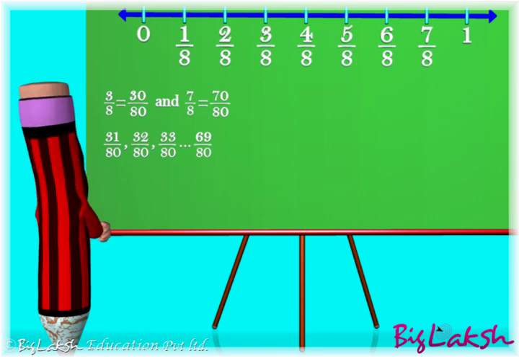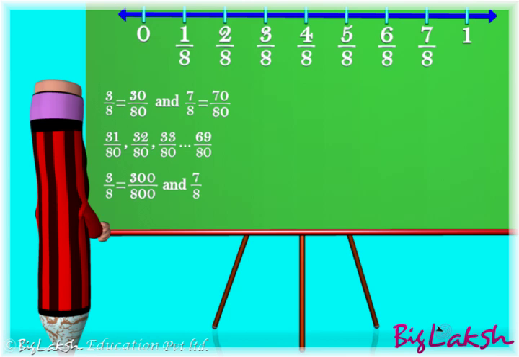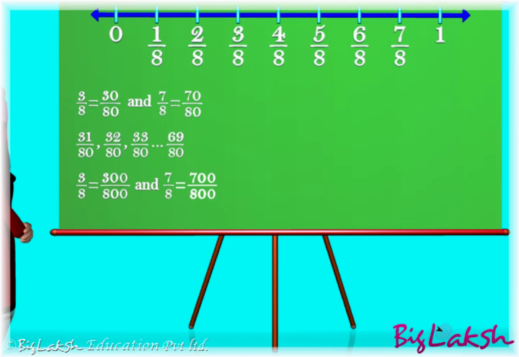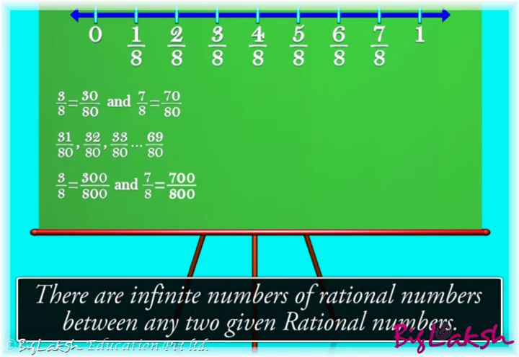Now, as done above, 3 by 8 and 7 by 8 can also be written as 300 by 800 and 700 by 800 respectively. Therefore, you can observe, unlike natural numbers and integers, there are infinite number of rational numbers between any two given rational numbers.